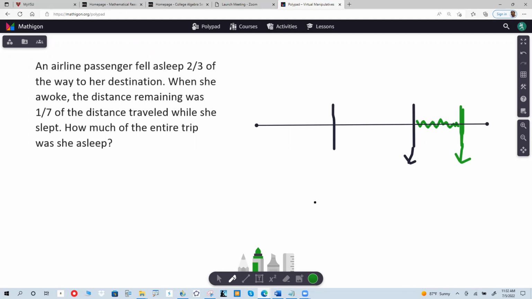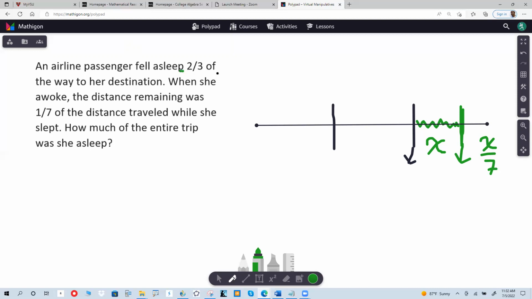What else do we know? It does say when she awoke, the green line, the distance remaining was 1/7 of the distance traveled while she slept. Let's say she traveled X miles while she slept. Then according to the question, this has to be 1/7 of X, or X over 7.